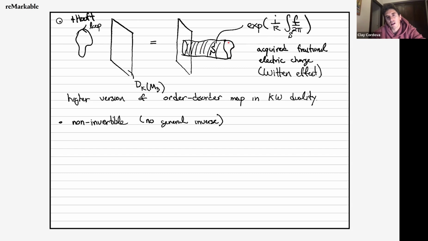Then it's like on this line, the thing that was the line, you have an electric charge 1 over k. I see. So you got dressed with a topological surface, which is related to the one-form symmetry. Got it. Yes. Okay, so there's no general inverse.